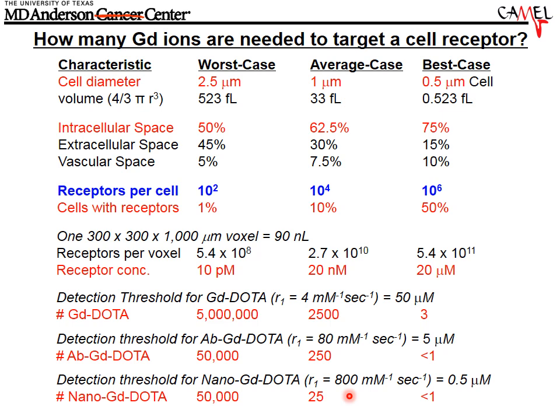Might have a better chance with an iron oxide particle, which has a little bit better sensitivity. But I think you get the idea that it's very challenging to detect cell receptors because the receptor density just isn't there enough for detection with MRI.